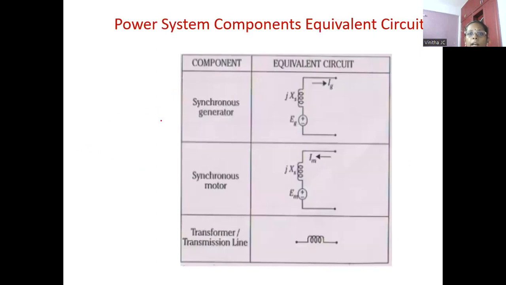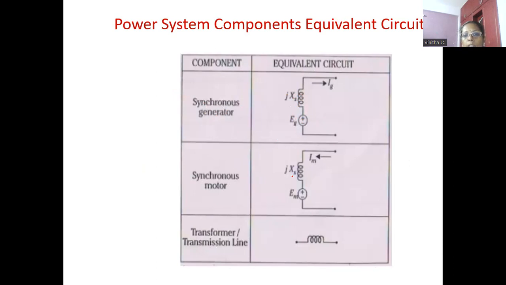And here we can see the equivalent circuit of various components in power system. First one is the synchronous generator. This is the equivalent circuit of the synchronous generator, which can be drawn with the source and its reactance value.